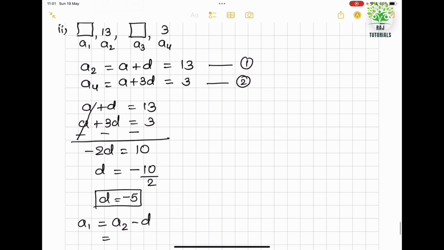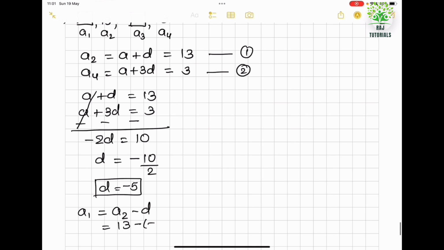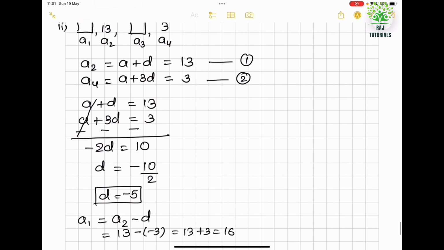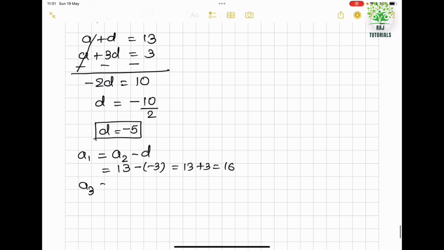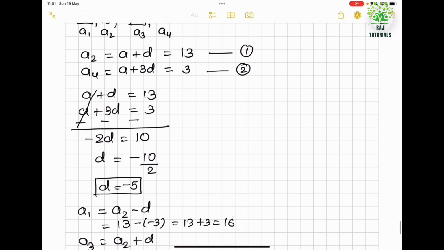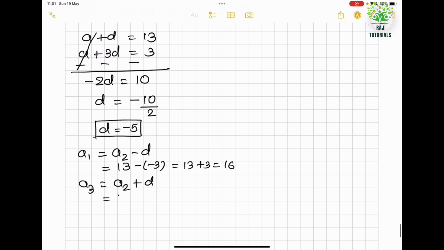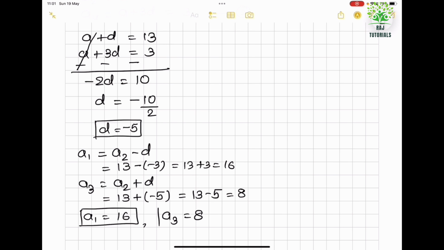So that is 13 minus (minus 5), so 13 plus 5, so 18. Now a_3 I don't know. So a_3 will be a_2 plus d. So a_2 is 13 plus d, minus 5. So 13 minus 5 will be 8. So a_1 is 18, a_3 is 8.